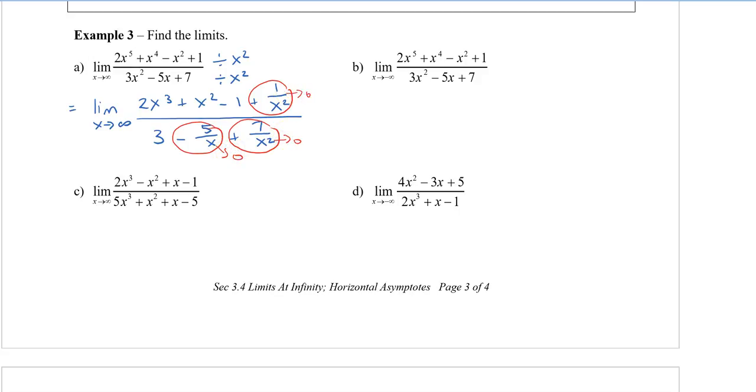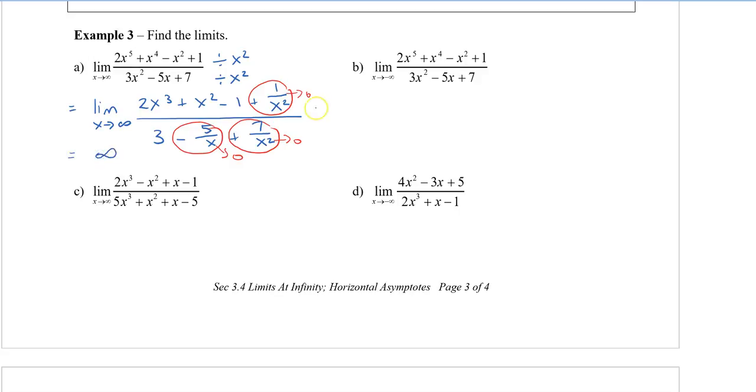All right, so now what happens when we plug in infinity for x? We can see that our numerator has some x's, and we would plug infinity into x cubed and x squared, but our denominator stays the same at 3. So since the numerator gets larger and larger, but the denominator stays the same at 3, we would say that this limit goes to infinity.